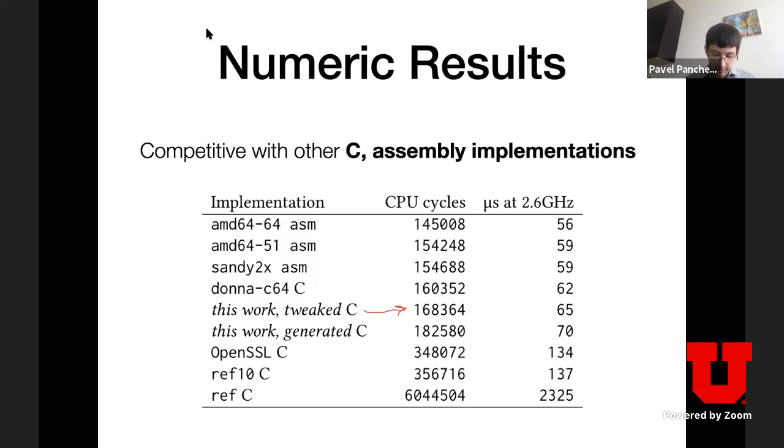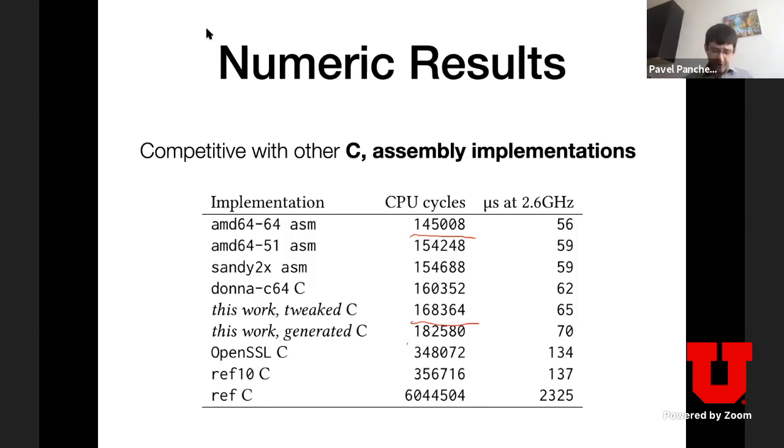This tweaked C code is almost as fast as the fastest known C implementation. You can see that they differ by, what, like half a percent? No, by 5% in speed. It is also fairly competitive with the fastest known hand-coded assembly implementations.